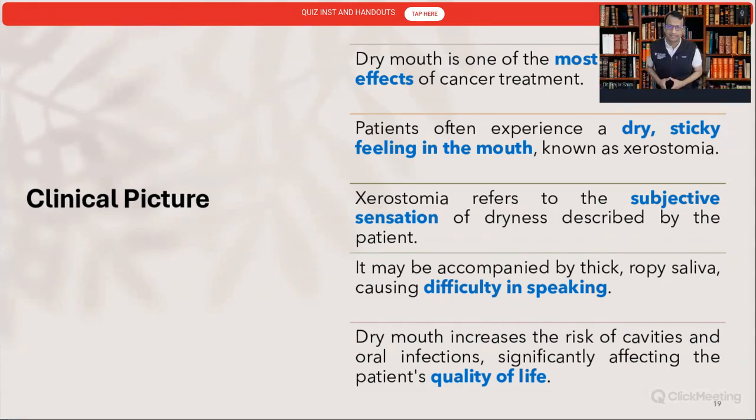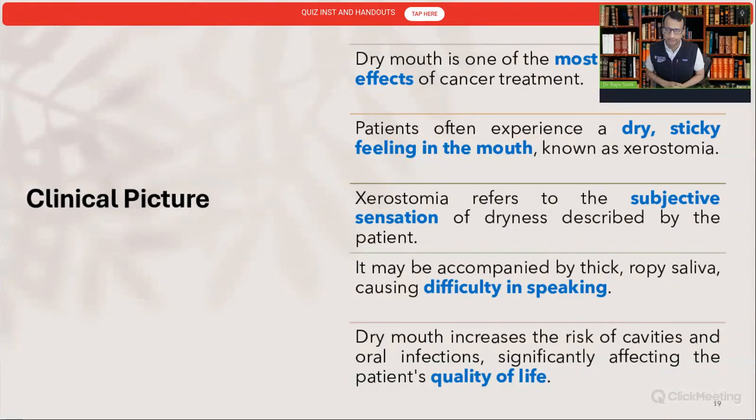As we discussed in the clinical picture, it's one of the most common side effects. The patient often experiences a dry, sticky feeling in the mouth all day, and it's a subjective sensation. Sometimes it's very difficult for a patient to describe how bad the situation is until we are able to monitor the salivary flow and categorize what level of xerostomia the patient is having.